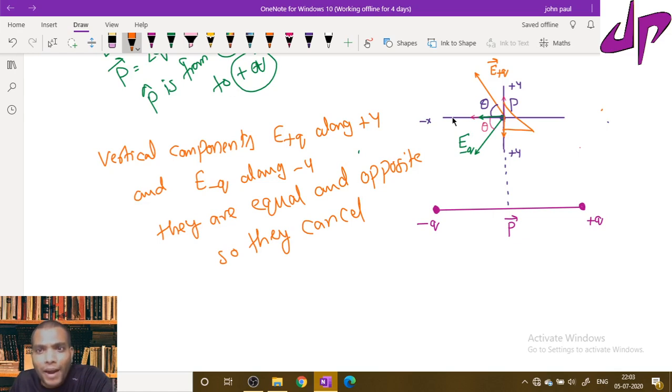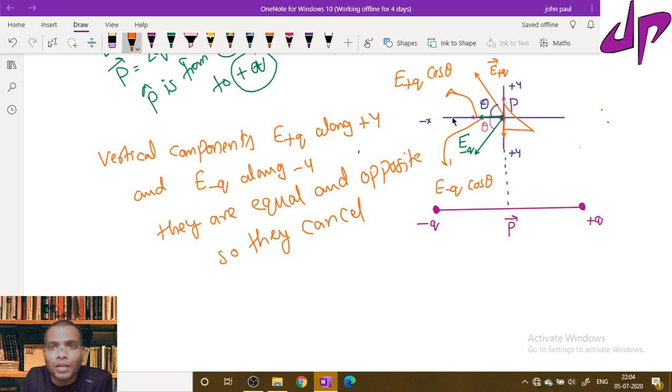Now we need to find the electric field due to the rest of the two components. Since the angle is theta, the term will be cos theta. So I can take the electric field due to the positive charge, E plus q cos theta, and another term, the electric field due to the negative charge, E minus q cos theta. Now what is the total electric field?